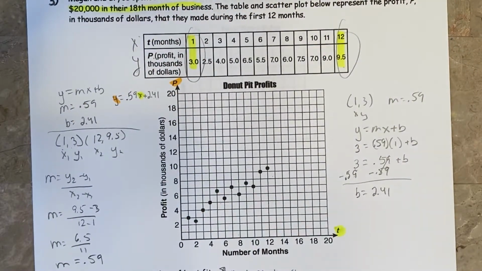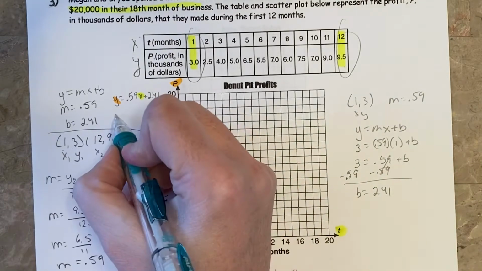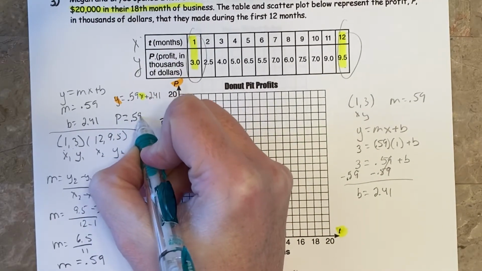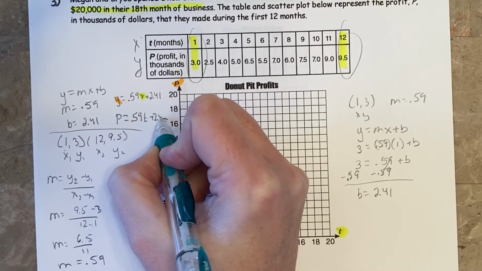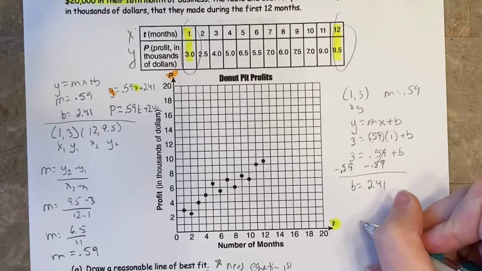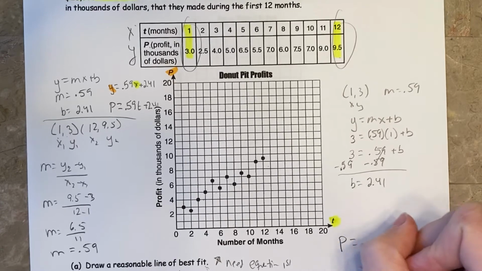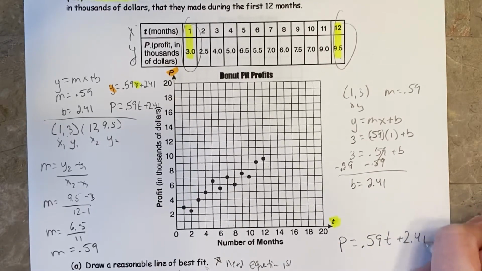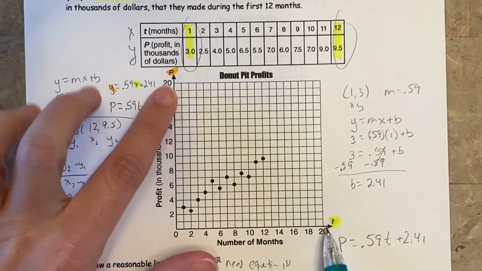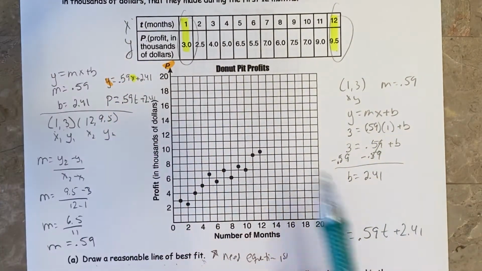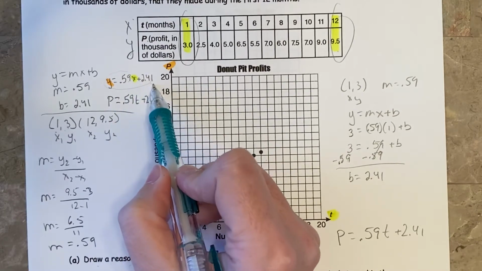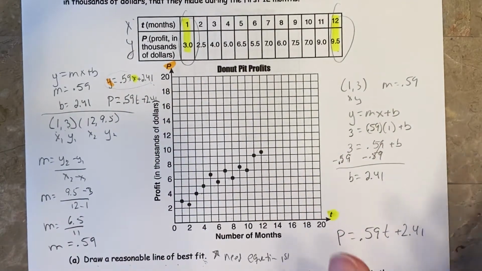So when we have our final answer, we have our equation, it's actually going to be p equals 0.59t plus 2.41. Okay, right here, so it's a little bit larger, you can see it. So p equals 0.59t plus 2.41. So don't let the non-x and y mess you up. If you got y equals 0.59x plus 2.41, you're good to go because they usually don't change the letters anyway. This just happens to do that.